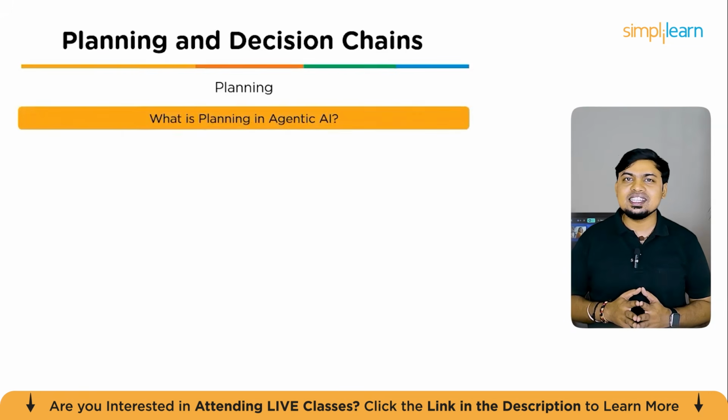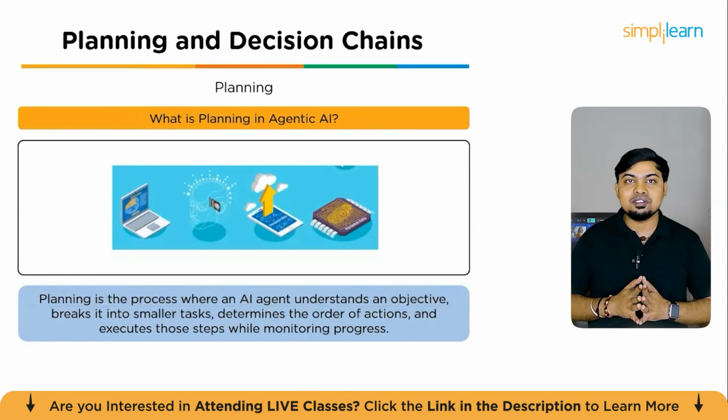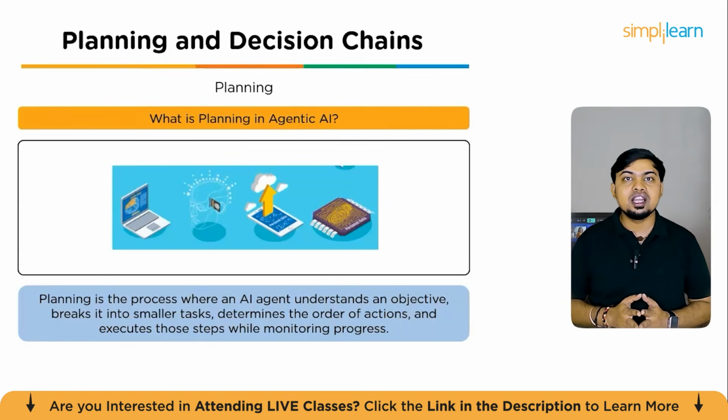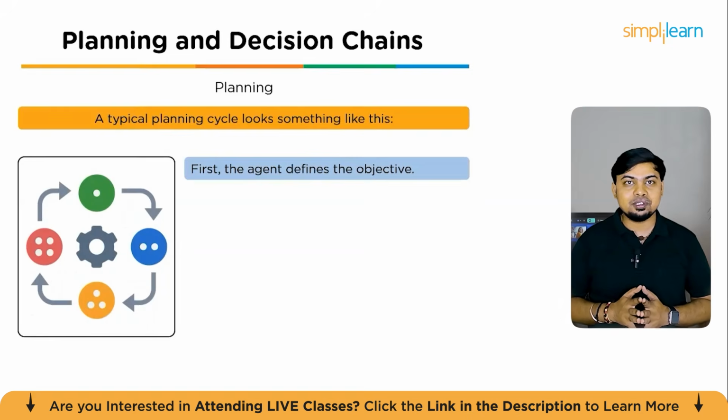What is planning in AI agents? At its core, planning is a process where an AI agent understands an objective, breaks it into smaller tasks, determines the order of actions, and executes those steps while monitoring progress. Instead of solving problems in a single response, agents operate through an iterative execution loop. A typical planning cycle looks something like this. First, the agent defines the objective.